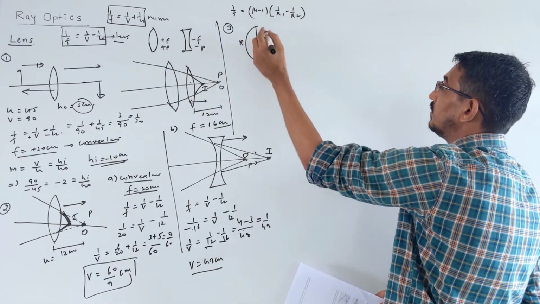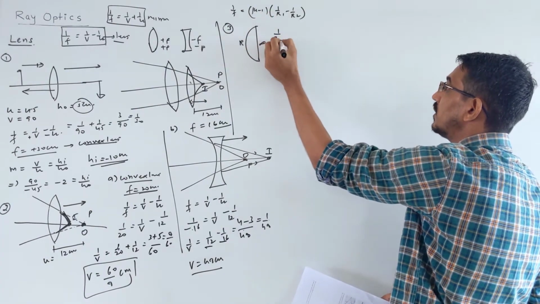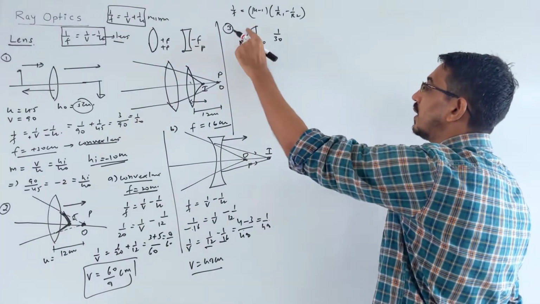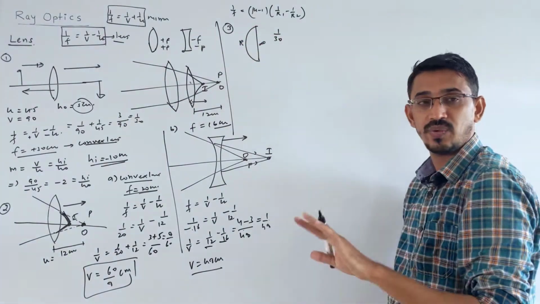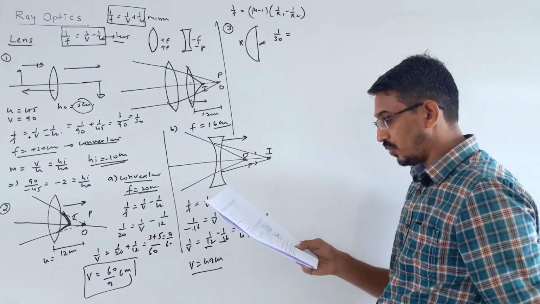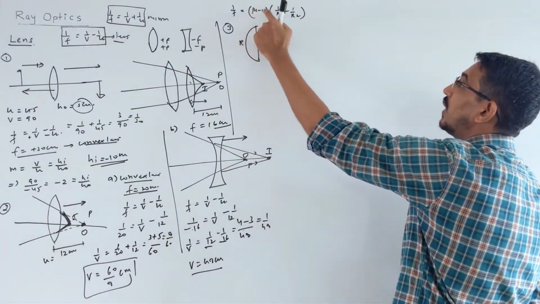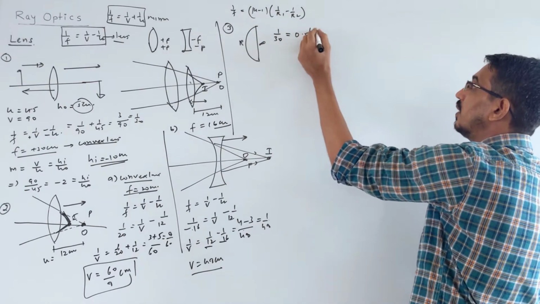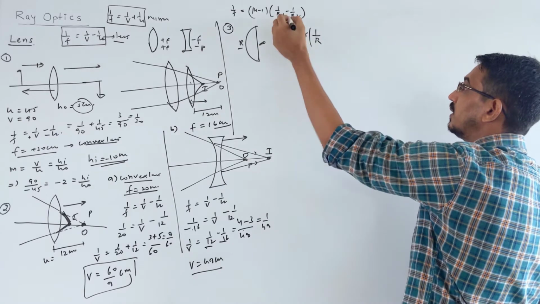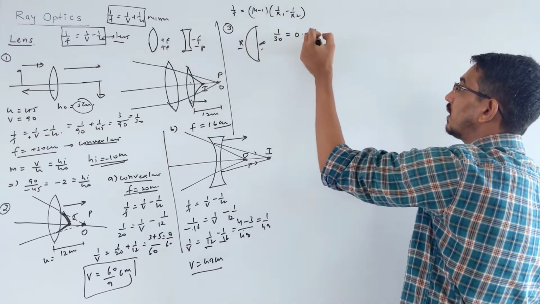So writing this formula, look here, the focal length is given as 30 centimeter and positive, you have to write sign convention. This is a convex lens, always positive focal length, so 1 by 30 is equal to mu minus 1. Mu is given 1.5, so 1.5 minus 1 is 0.5, into 1 by r1, and 1 by r2, this r2 is infinity.